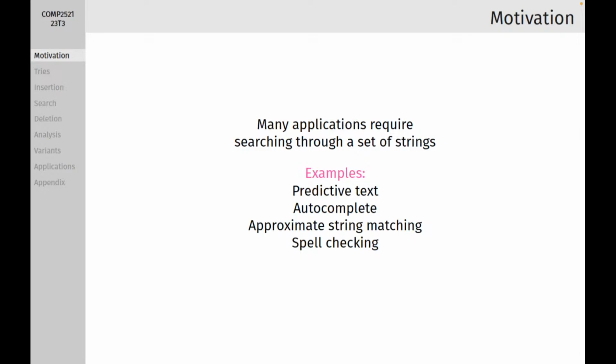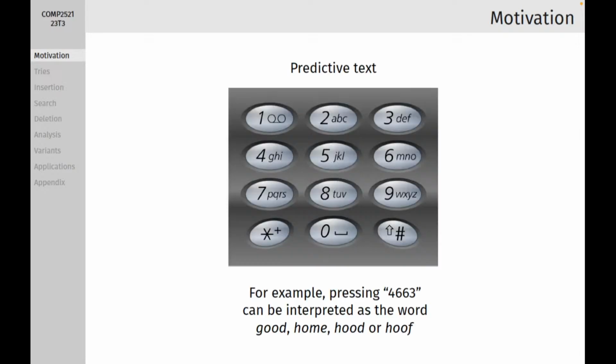So what is predictive text? If you've used a phone with a keypad before, and maybe you have, maybe you haven't, then in order to type a word, each of these keys can represent multiple different letters, right?